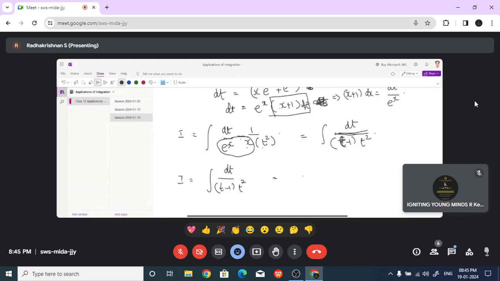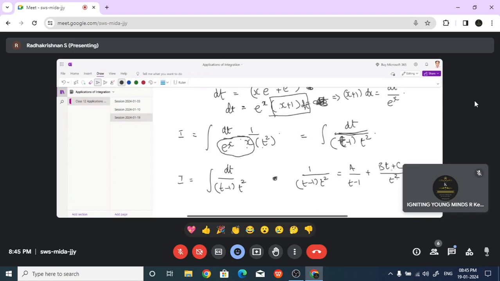Let us say 1 by (t minus 1) into t square equals a by (t minus 1) plus (bt plus c) over t square. Because it is second order, the remainder will be of this nature, bt plus c.